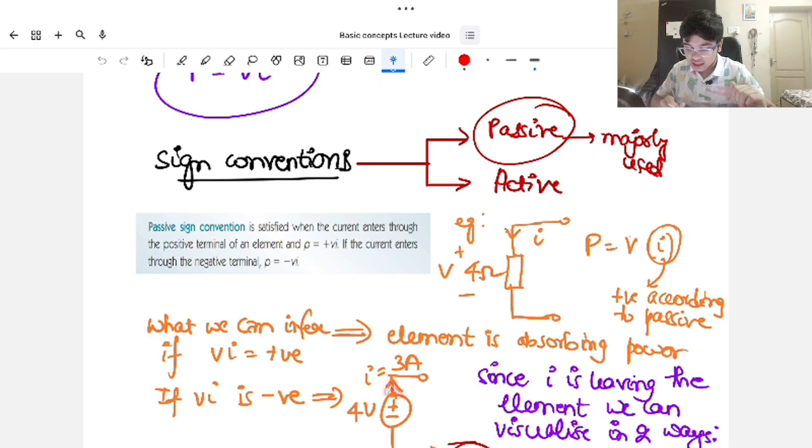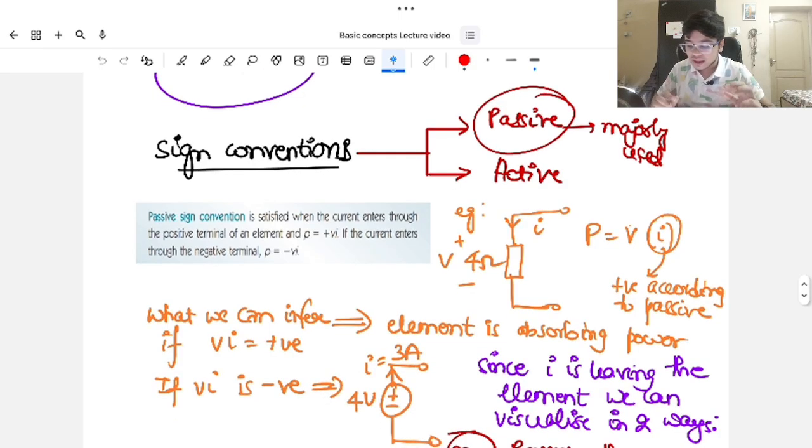There is a current that is exiting from the positive terminal, and I need to find out whether the power is supplied by this voltage source, or whether it is absorbing the power. Active sign convention is basically the opposite of passive sign convention. Since passive is majorly used, I'm going to talk only about this, but you can find the other by simply reversing the logic.